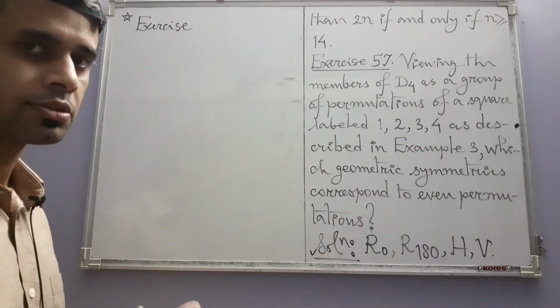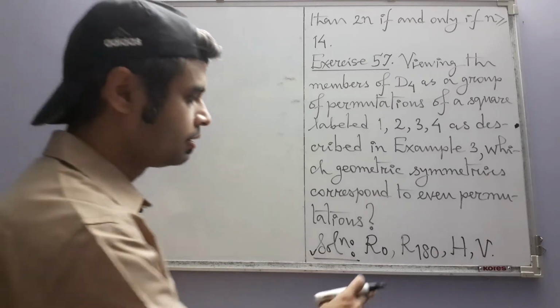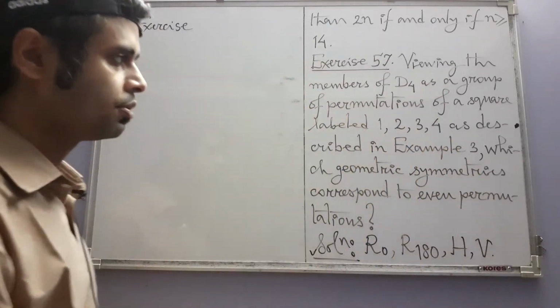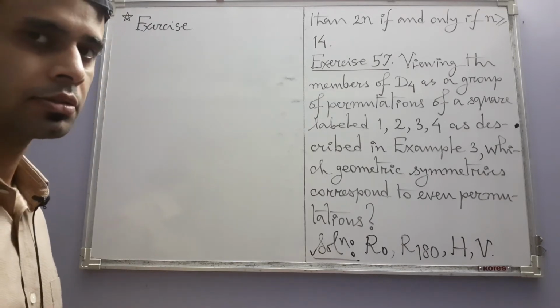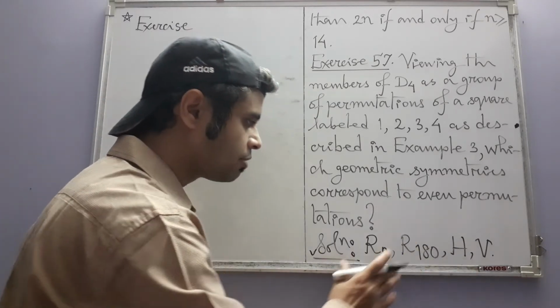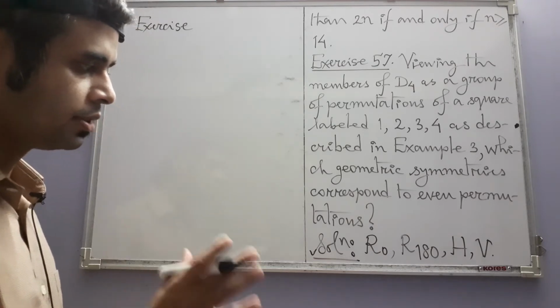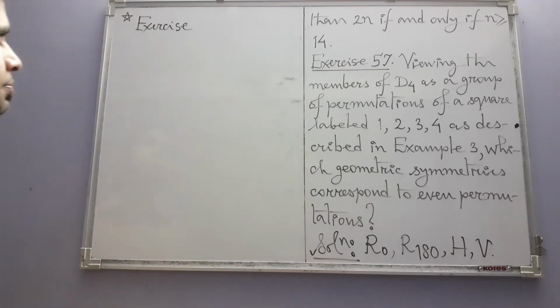You have to also show that the other elements in D4 correspond to odd permutations, so that these are the only ones corresponding to even permutations, and that will give you a complete solution.